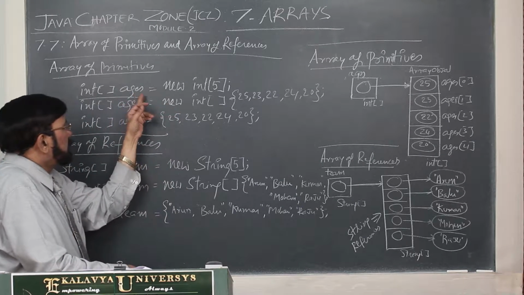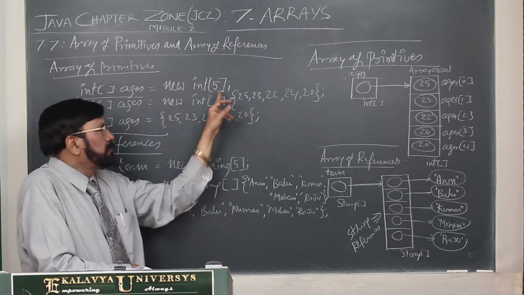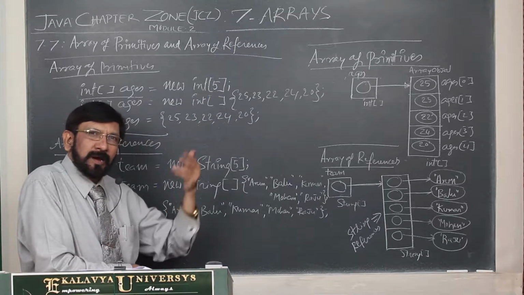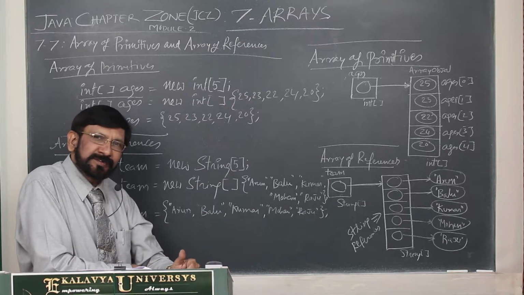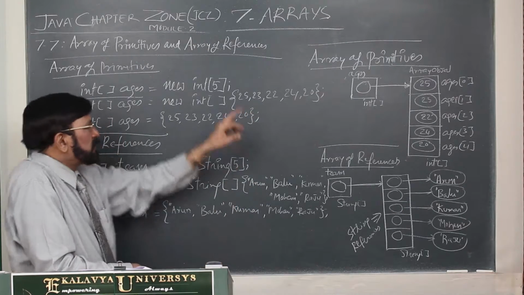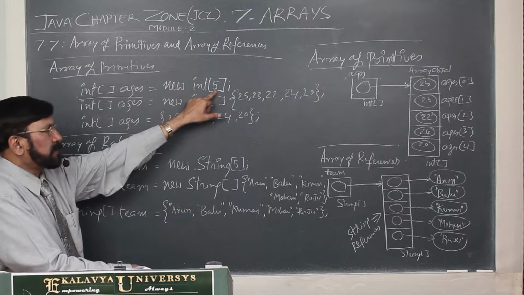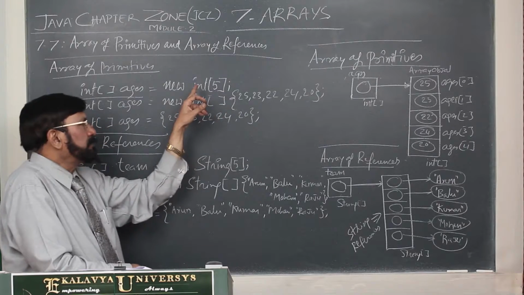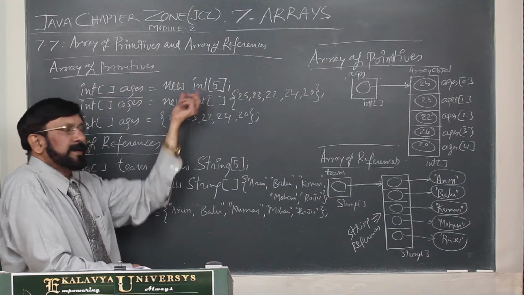Thereafter with new, if you don't give size, new cannot understand how much memory is required. So you must give size here, otherwise it leads to error. So how is size defined? Size is evaluated from int.